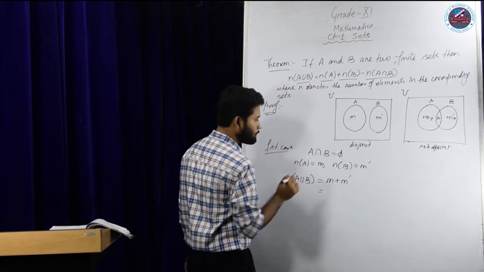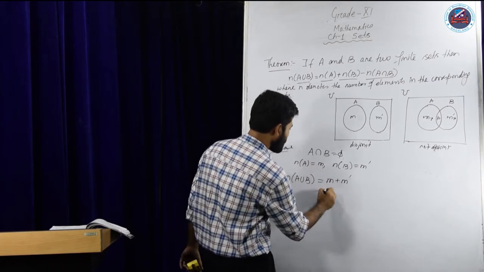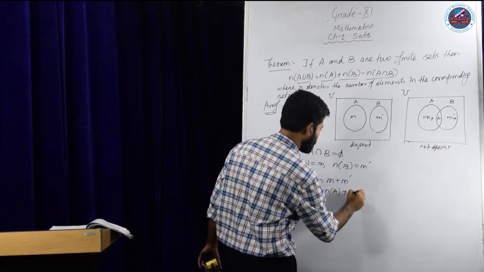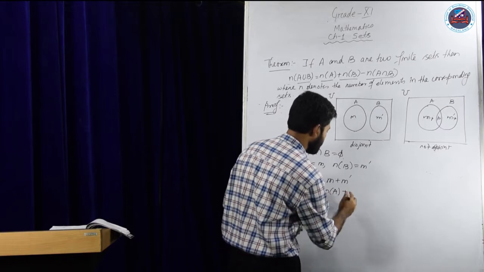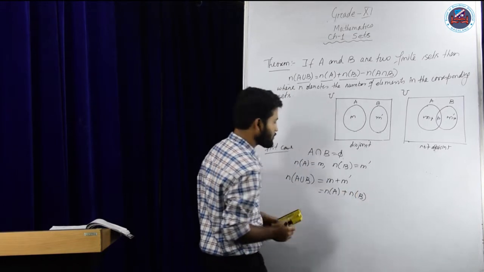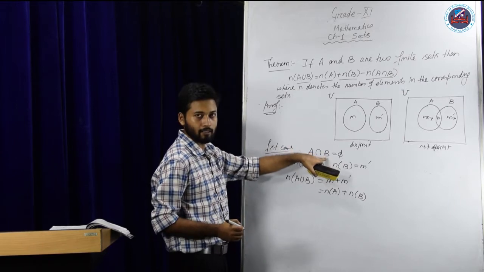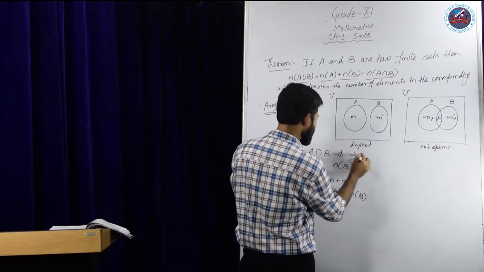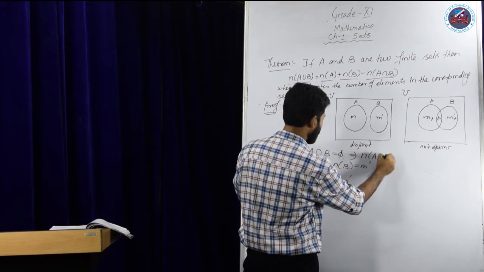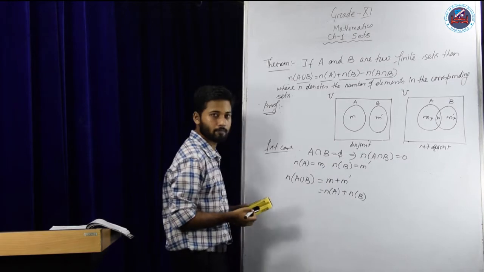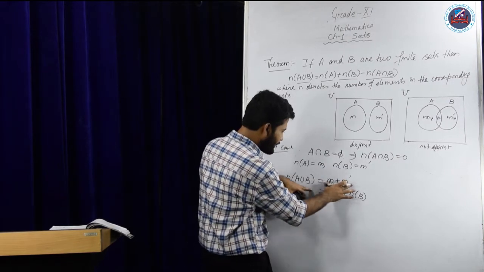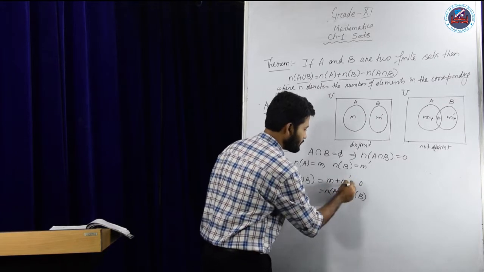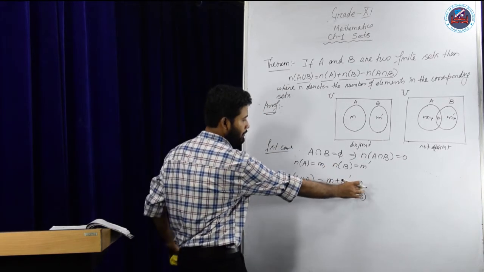So what is our m? m means the number of elements of A, plus what is our m dash? The number of elements of B. Also, what is A intersection B? It is phi. Since A and B are disjoint, from this I can write the number of elements of A intersection B is equal to 0. Clear? And here I can add a 0, or I can subtract a 0.